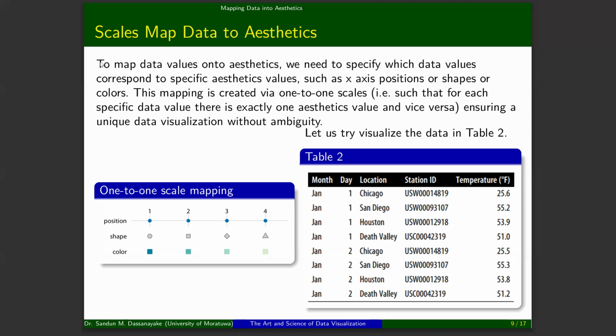As the first word says, to map data values onto aesthetics, we need to specify which data values correspond to specific aesthetic values, such as x-axis positions or shapes or colors. Now you can see one-to-one scale mapping, this little blue color line here.